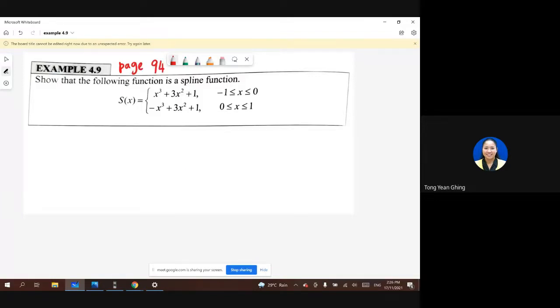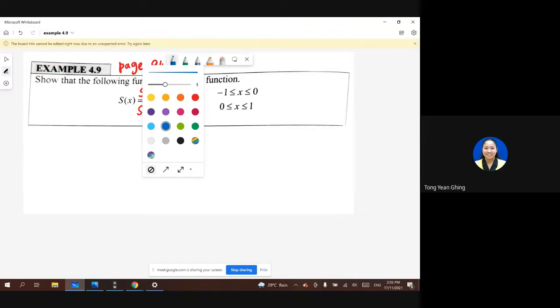Page 94. Show that the following function is a spline function. Okay, it is given this spline function. If you look, I can make this one S0(x) and this one S1(x). Okay, I write it back like this.